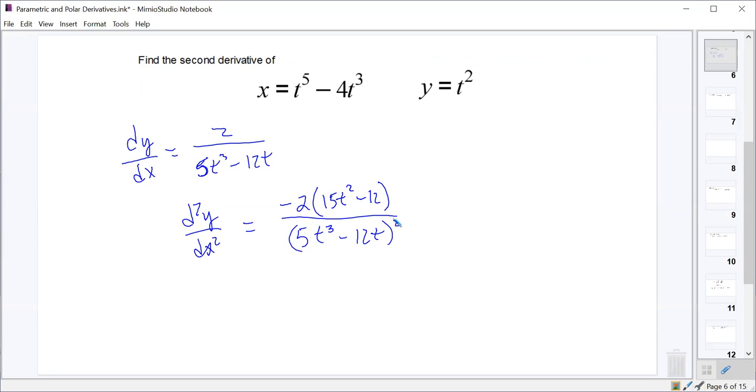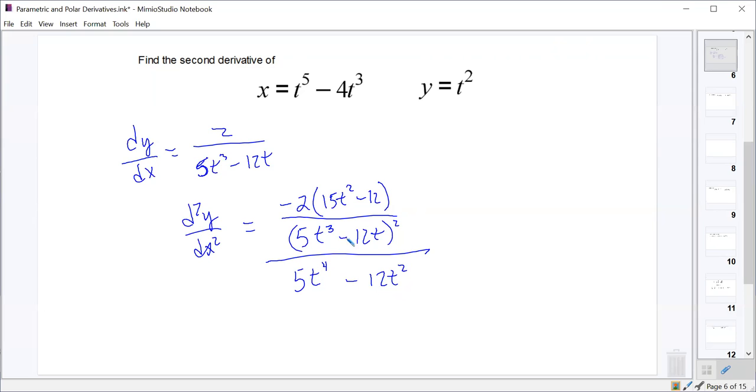Good or no? So far? And what do we need to divide that by? dx dt. dx dt, which is 5t to the fourth minus 12t squared. And what could I do with that? I could take a t out of that, right?